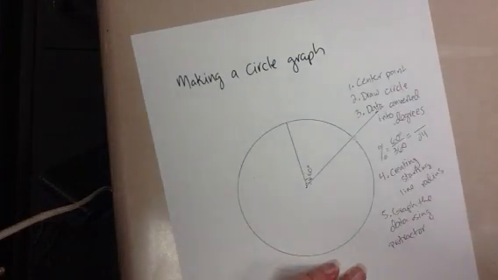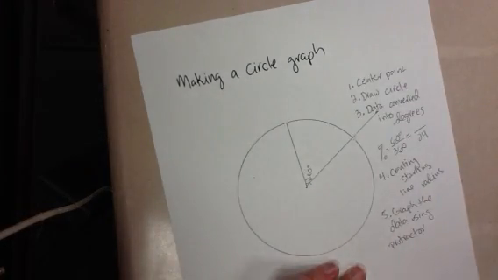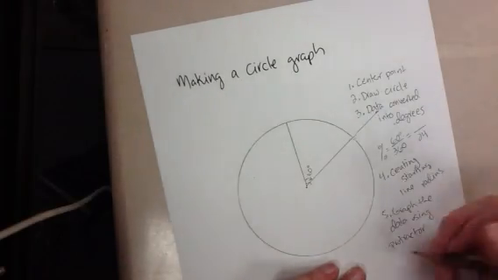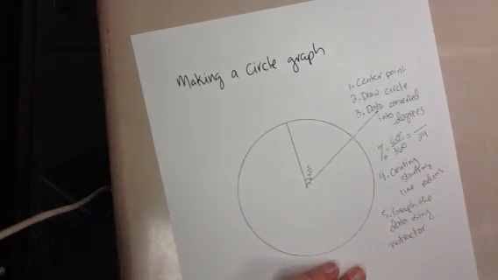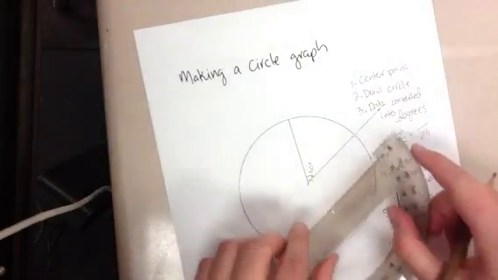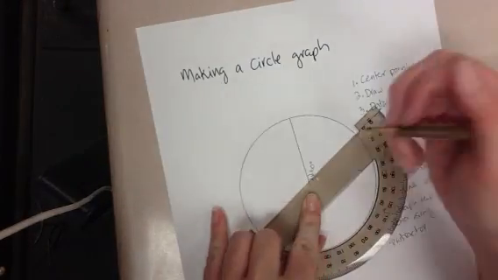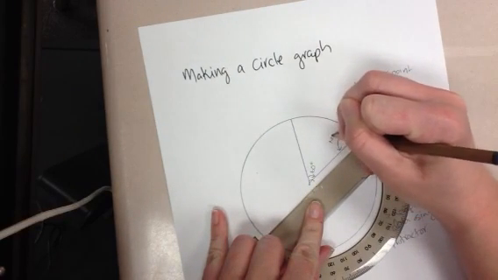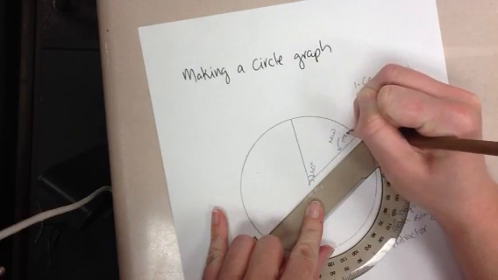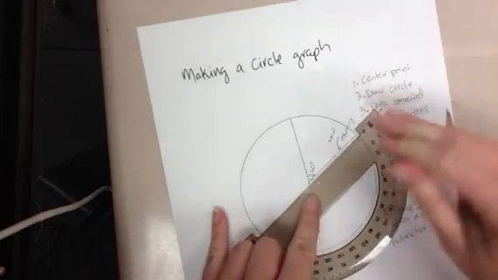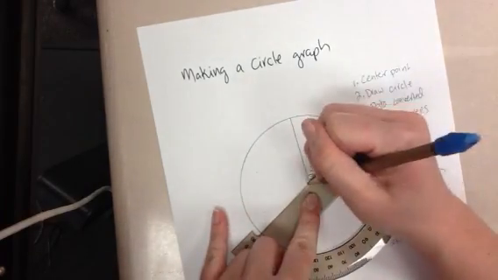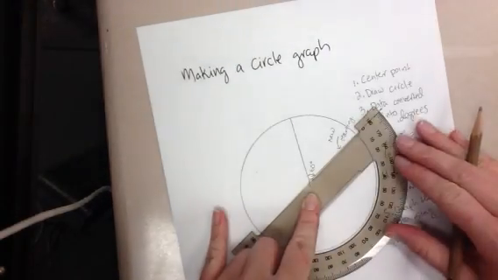Let's say the next piece of data I wanted to graph was about 75 degrees. I'm going to take the protractor. I'm going to start it at the center point, but now this piece is my new line. So this right now becomes my new starting line. Line up the center point with the center point. Again, I'm going to start counting.